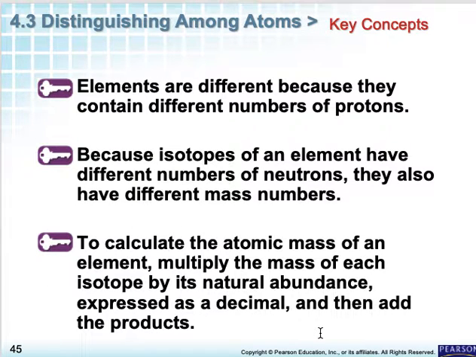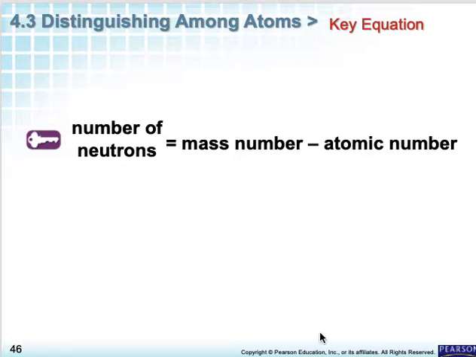Oh, we're to the key concepts, almost done. Elements are different because they contain different numbers of protons. Isotopes of an element have different numbers of neutrons, so they have different mass numbers, but they have the same number of protons. To calculate the atomic mass of an element, you multiply the mass of the isotope by its natural abundance expressed as a decimal, and then add them together.